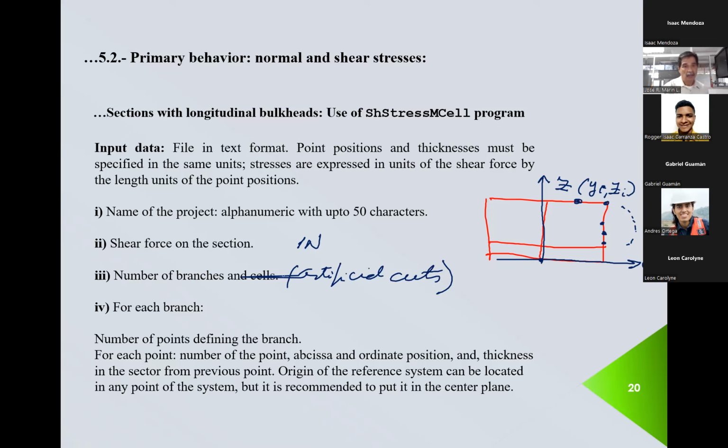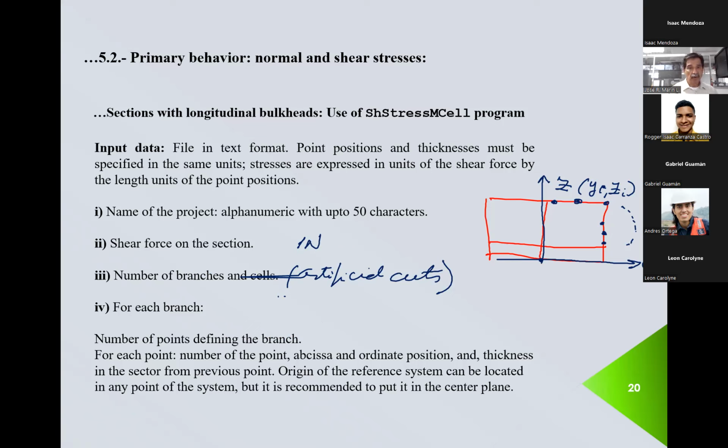Now comes each branch, okay? For each branch, you have to include this information, okay? First, the number of points defining the branch, right? So, for example, in this case, let's suppose that this is a branch from here to here. I will have 6 points for the branch.